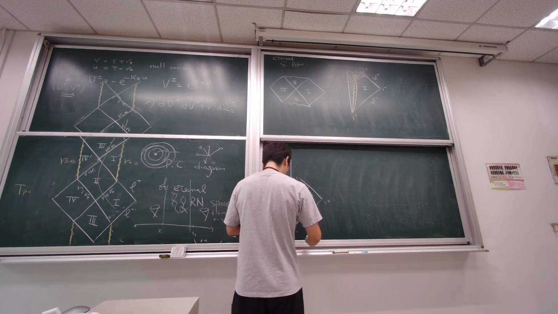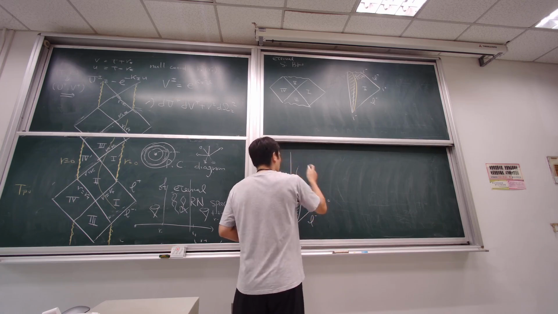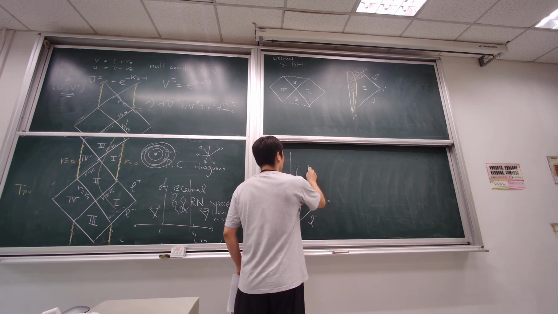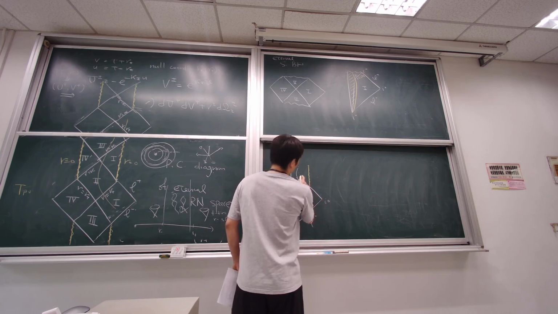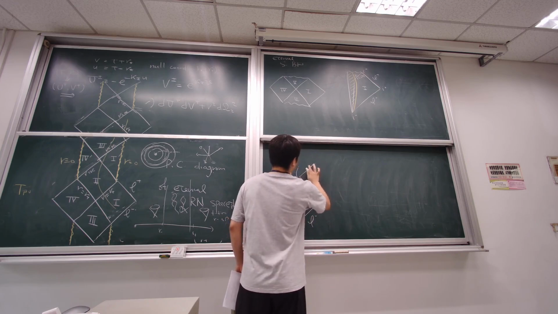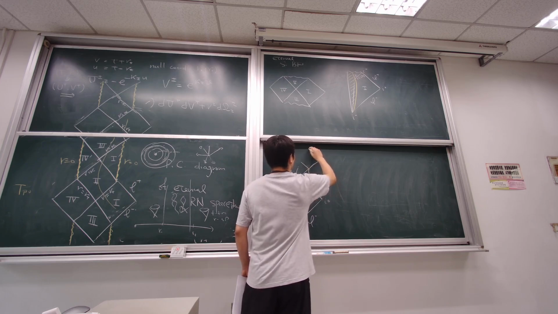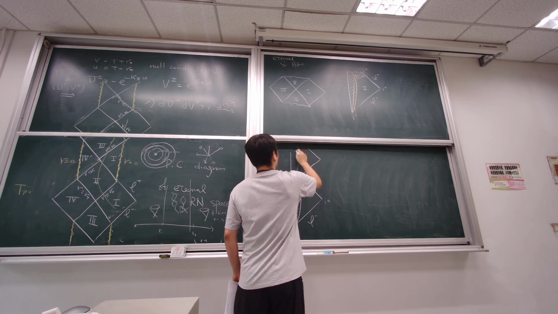So there is a singularity, and then it's hard to draw this way. And you repeat, like this.